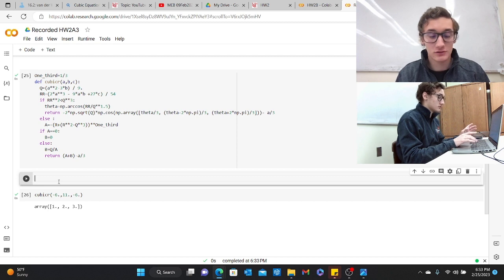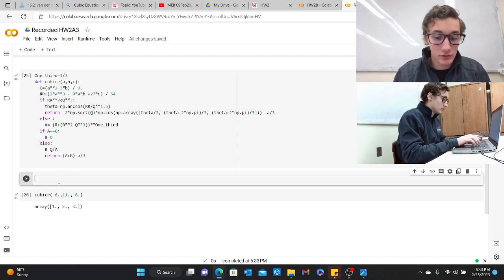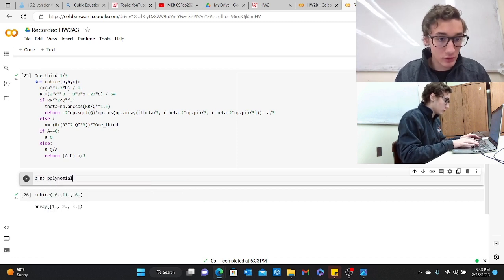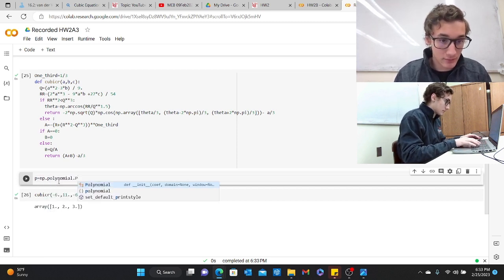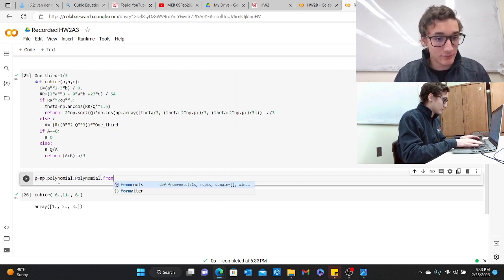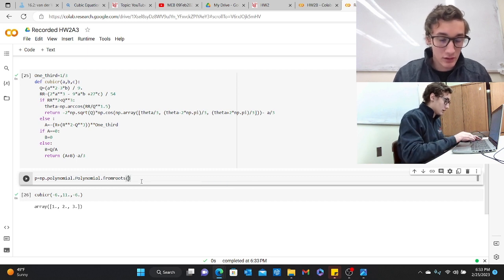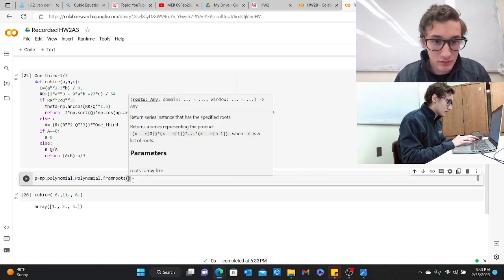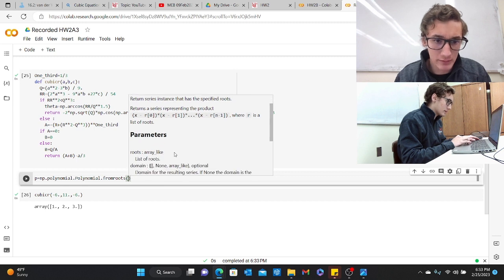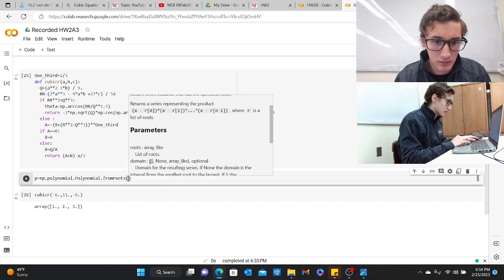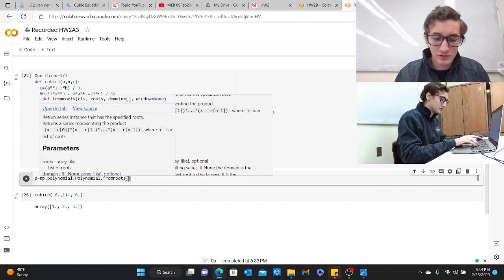Let me just try and prove it to you. If this won't load, I will call it. But so we do P equals np dot polynomial dot from roots. Now it wants the roots. I'm not sure if it wants them in an array, so let me try them without an array.